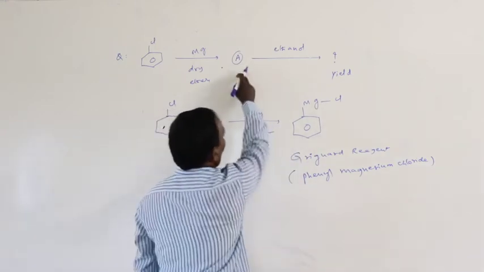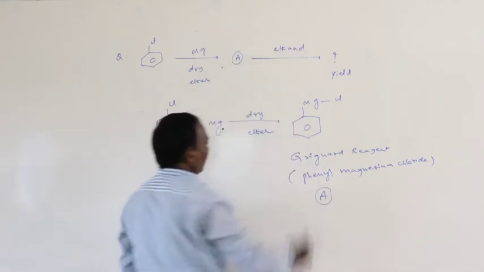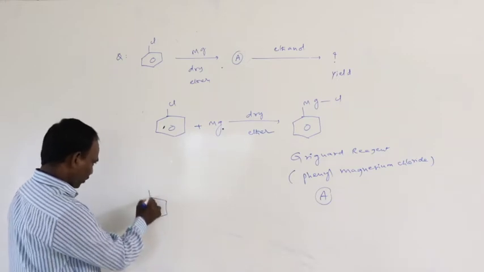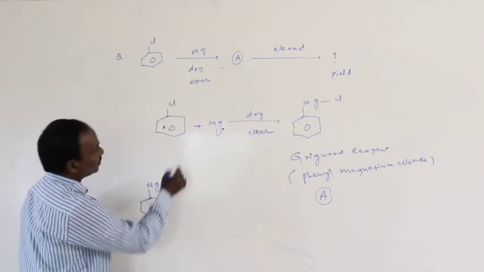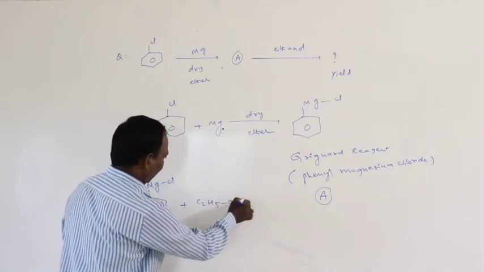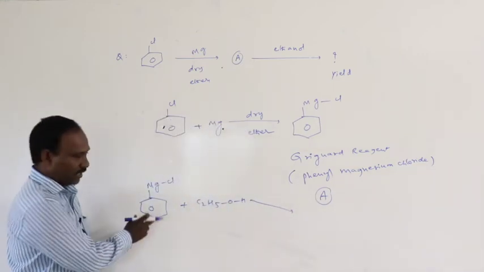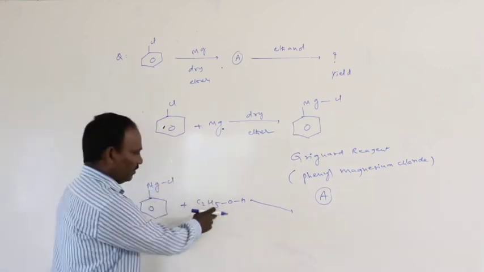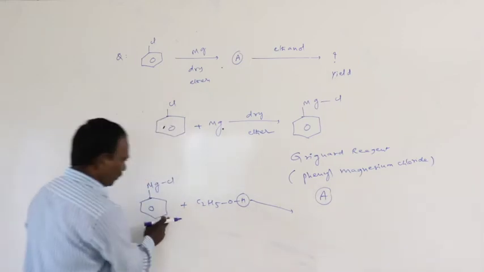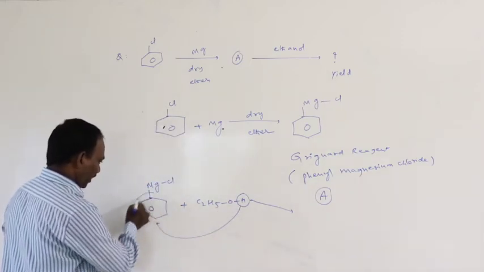This aromatic Grignard reagent is A. This A compound on treatment with ethanol: phenyl magnesium chloride, C6H5MgCl, reacts with ethanol, C2H5OH. A Grignard reagent on treatment with active hydrogen containing compounds gives a hydrocarbon, where the alkyl group of the Grignard reagent is attached to the active hydrogen.